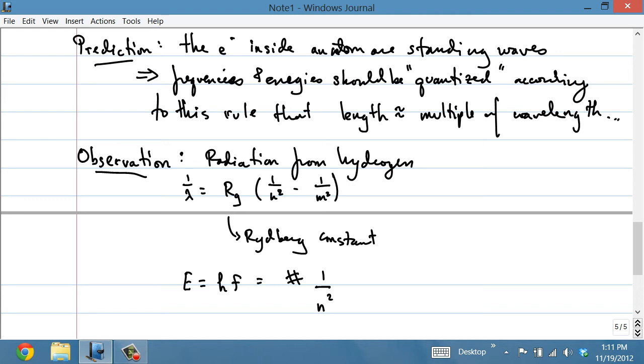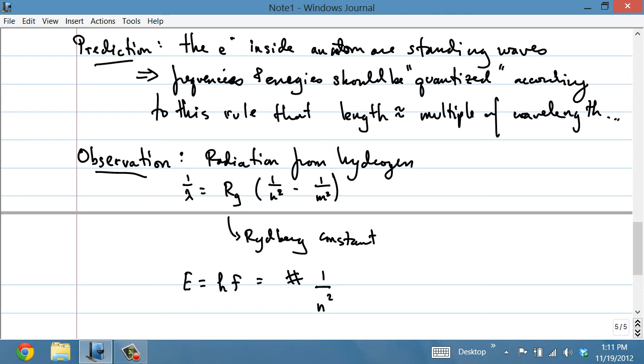Just to recap, the model that we have in mind is that an atom consists of an electron going around a nucleus. And if electrons are waves, then we would predict that the allowed energy levels of the electron should be discretized in some way.